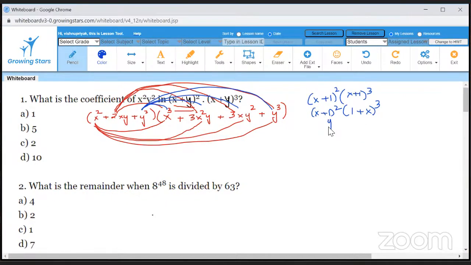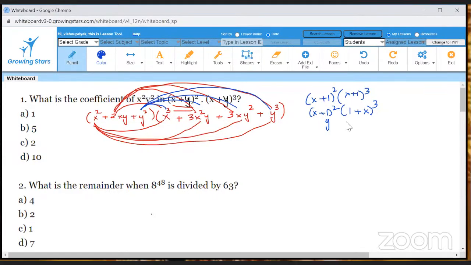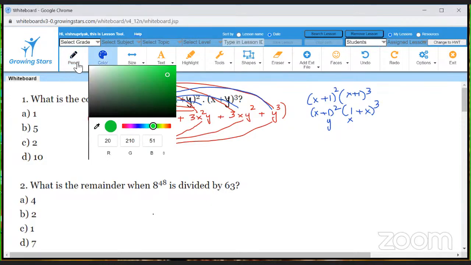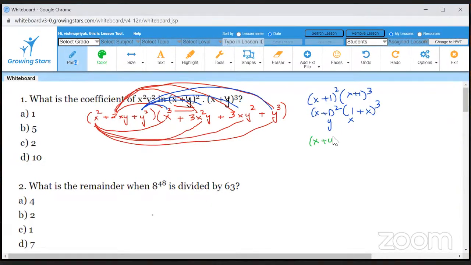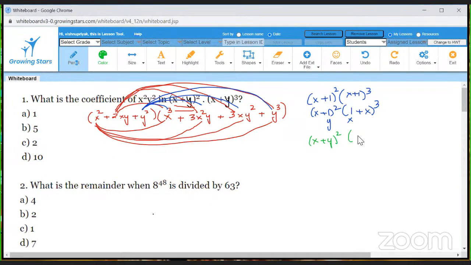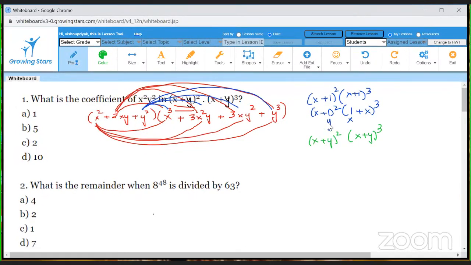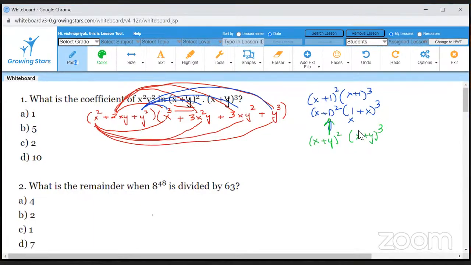Here y you are taking as 1. Here x you are taking as 1. Is that clear? In the expansion, what I have changed is I have put y as 1, x as 1.